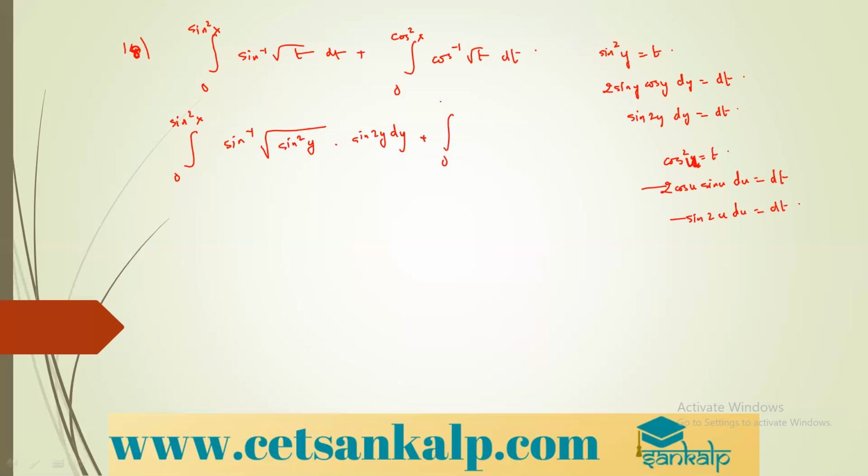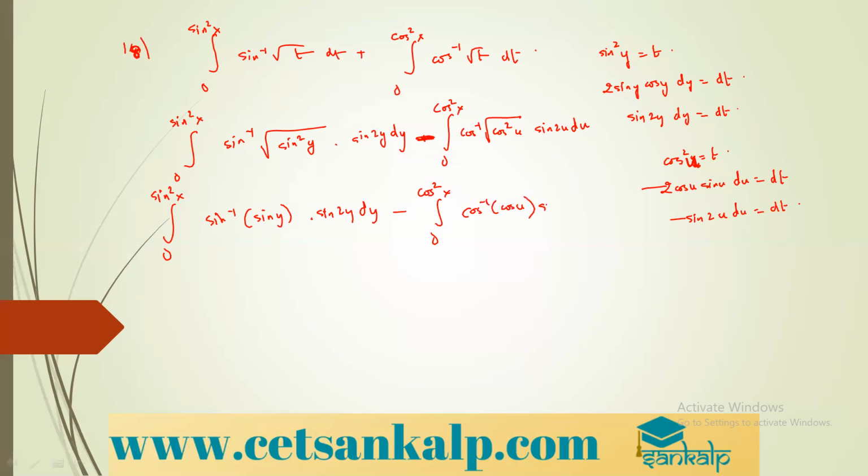So here I will have 0 to cos square x, cos inverse root of cos square u, minus will come out, and I can write sine 2u du for dt. This will be 0 to sine square x, sine inverse of sine y, and sine 2y dy, minus integral 0 to cos square x, cos inverse of cos u, and sine 2u du.